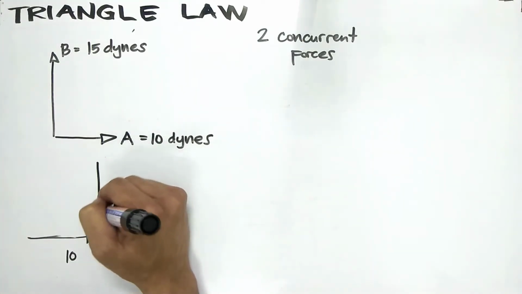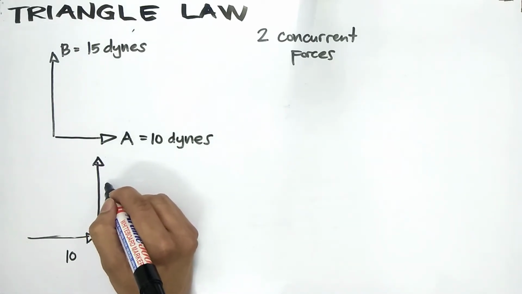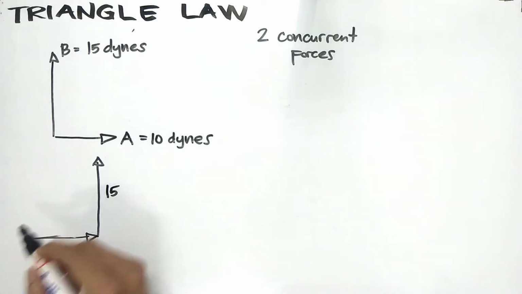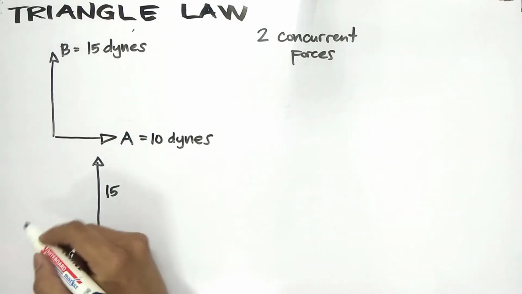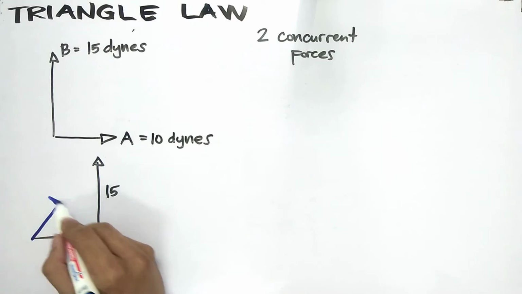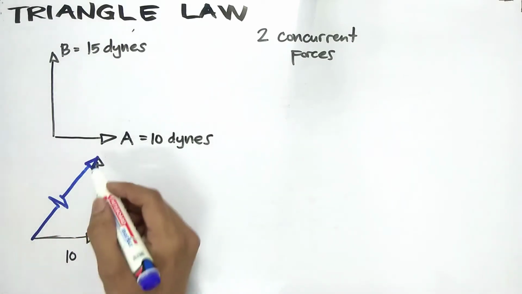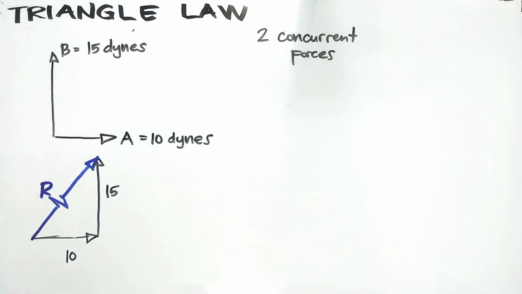So this will be your force B. This is 15 dynes. You can have your resultant taken from the starting point of the first force going to the arrowhead of your second force. This is your resultant R.